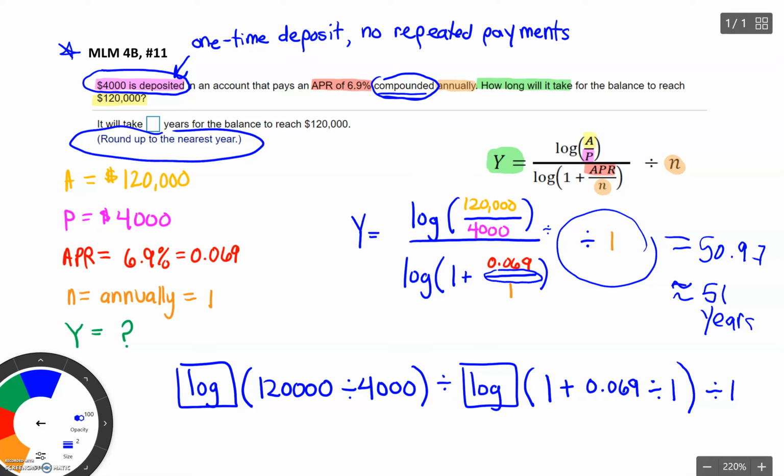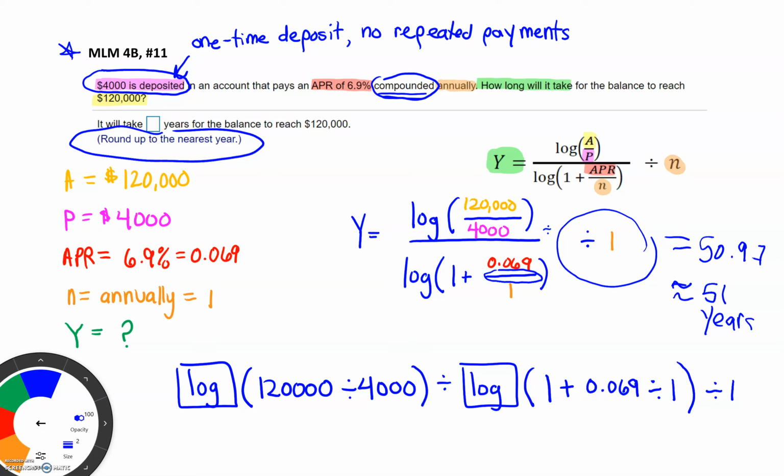So if I deposited $4,000 in this account that's earning 6.9% interest compounded annually, and I walked away and forgot about it, and never made another payment, never gave it another thought, just let it sit there, right? Don't touch it. In 51 years, that $4,000 will have grown to $120,000 just based on all the interest it earned over that 51 years.